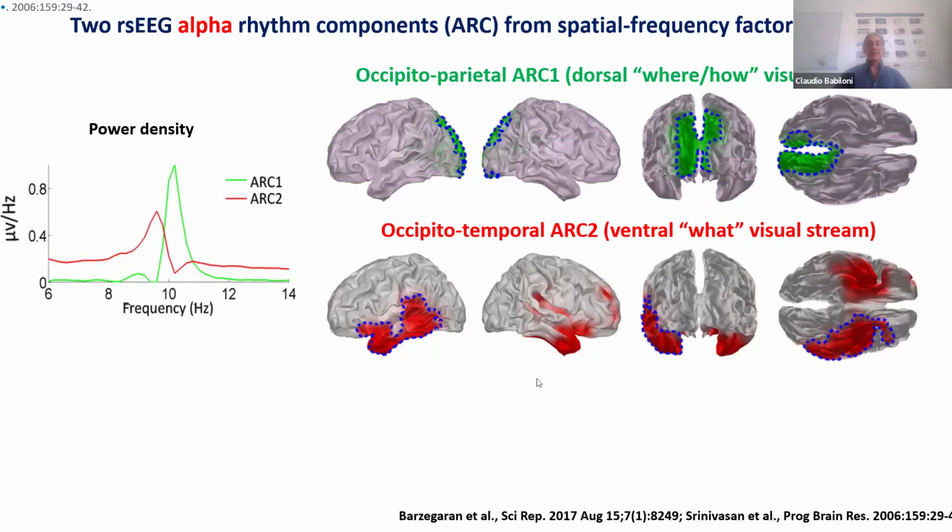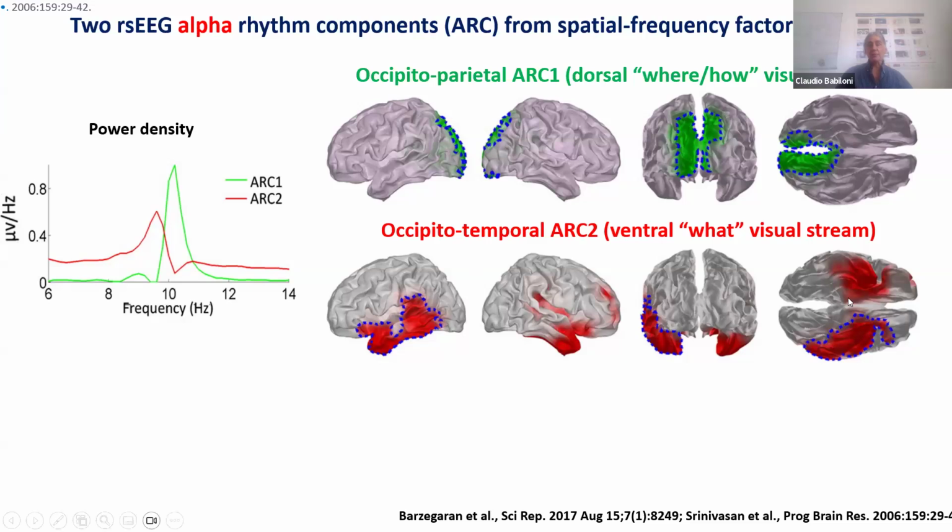This is another very interesting finding on the sources of resting state, eyes closed, alpha rhythms. In this case, you see the localization of the sources of resting state alpha rhythms.